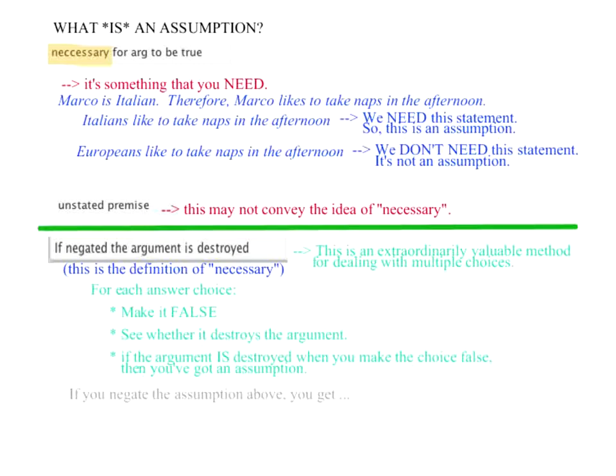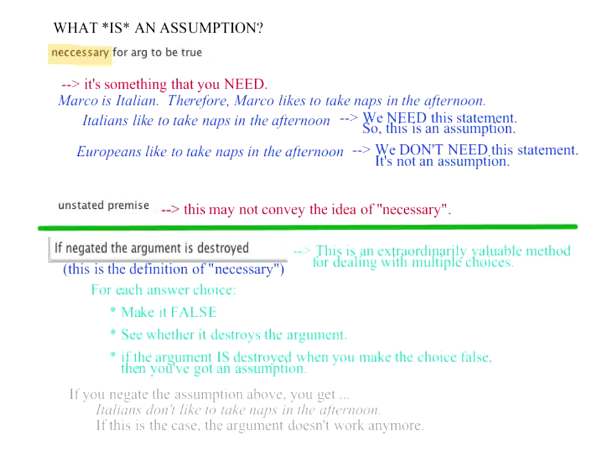That's the opposite: make that false. Italians don't like to take naps in the afternoon. If this is true, then the argument definitely doesn't work anymore. So you found an assumption.